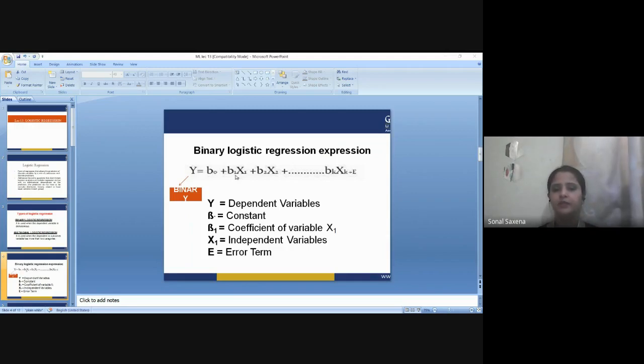Now, what is the variable e in this instance? The e here represents the exponential constant, and it has a value of approximately 2.71. So this is the function that we are going to use in logistic regression. Now, how is logistic regression used?